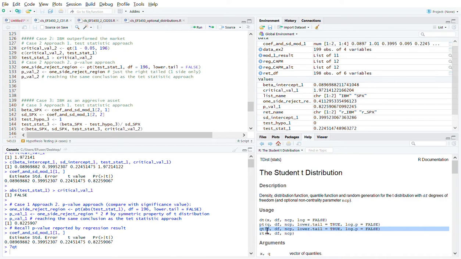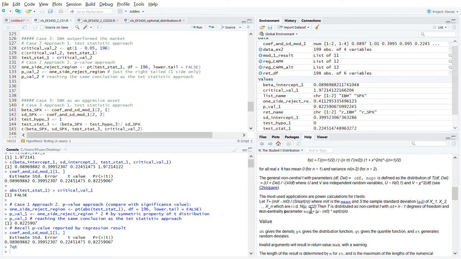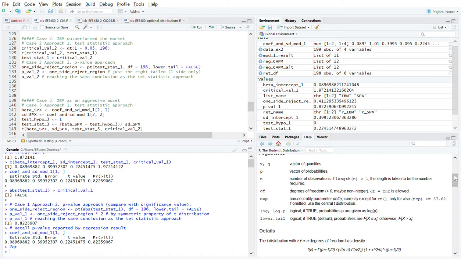The p-value is computed using the pt function, which, if we set lower.tail equals TRUE, gives us the CDF. But if we change the argument lower.tail to FALSE, it gives us the probability of the right-side rejection, the shaded area in the right tail.